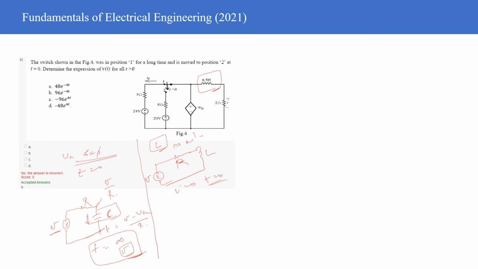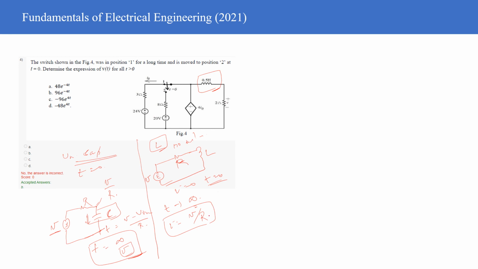That is, it behaves like an open circuit. And at time t equals infinity, the inductor will behave as a short circuit. So the current will be equal to V divided by R. Now you must remember these two situations, right?